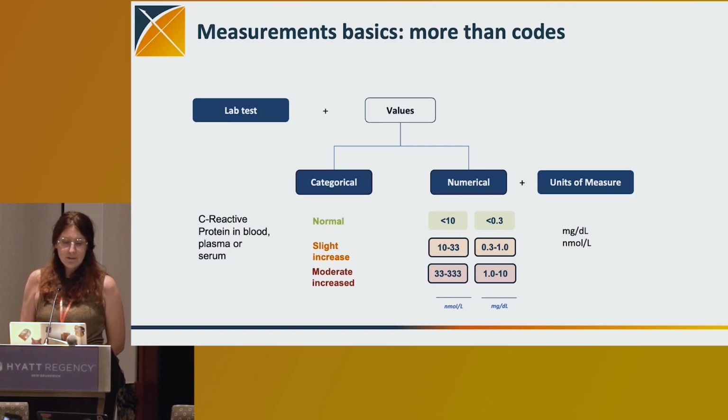Values can be categorical, recorded in text form, such as normal, abnormal, increased, decreased, etc. Values may also be numerical in your data, recorded with numbers. And in the case of numerical data, one of the crucial things is units of measure, which we need to know to properly define our cohort.